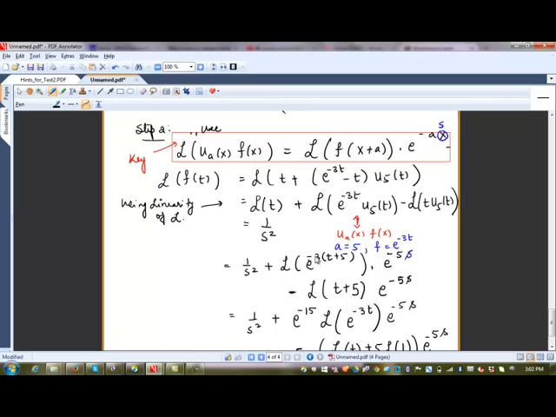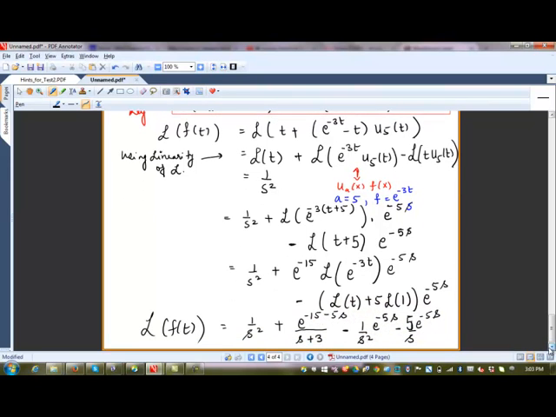So we translated the exponential function multiplied by e to the power minus 5s, which is this. Then again we applied the Laplace transform to this term, multiplied by e to the power minus 5s. Here the function was t instead of e to the power minus 3t. Then again using linearity we split all the terms, and we just apply the Laplace transform to the basic fundamental functions like t, 1, e to the power minus 3t, and simplify it and get the answer.